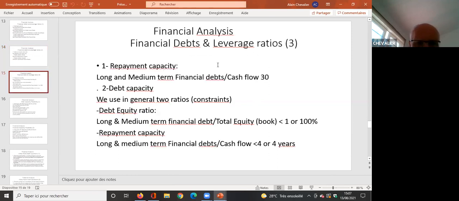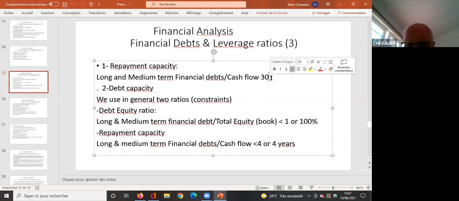Now we are coming back to something different: cash flow, which is on the limit here between financial debt, leverage, repayment capacity, and debt capacity.